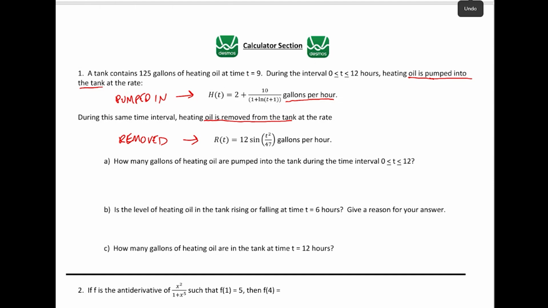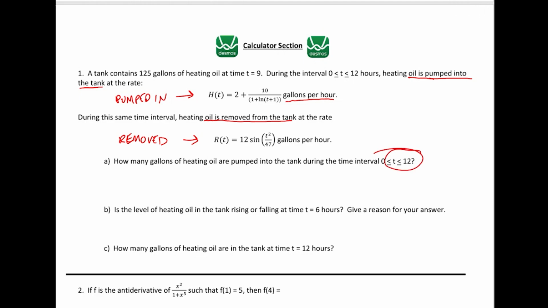Part A says, how many gallons of heating oil are pumped into the tank during the time interval 0 to 12? Okay, so this is one of our net change problems. We want to know the net change in heating oil in the tank during this interval.